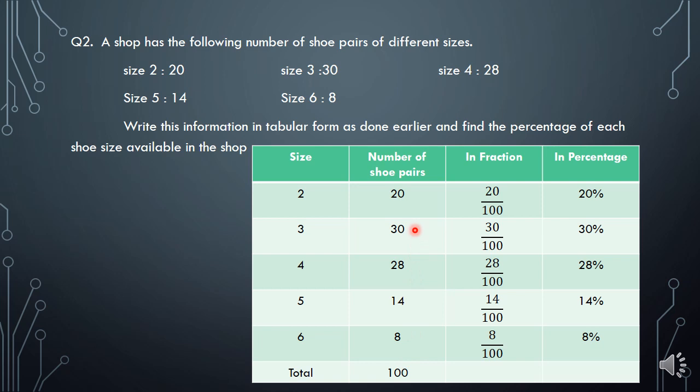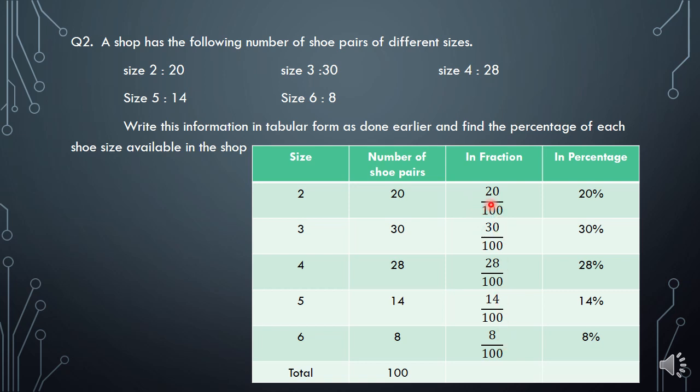So children, we have 20 pairs out of 100 in fraction form. We write it as 20 upon 100. 30 out of 100. 28 out of 100. Here in fraction what do we get? 14 out of 100. 8 pairs out of a total of 100 pairs. So 8 by 100. Now what is the percentage here? Here see, every fraction has denominator 100.